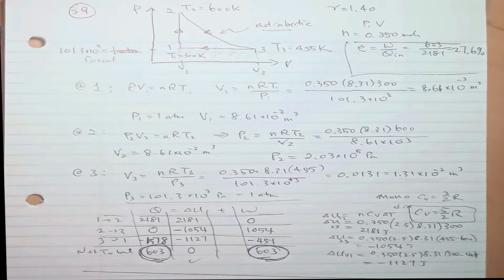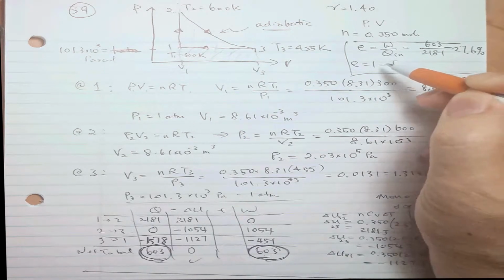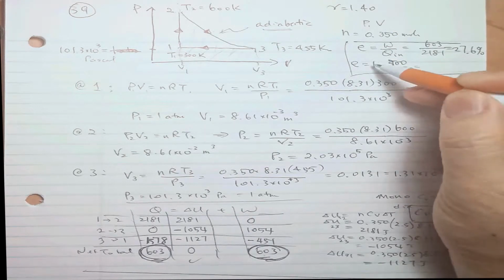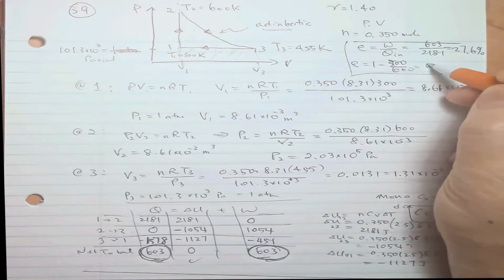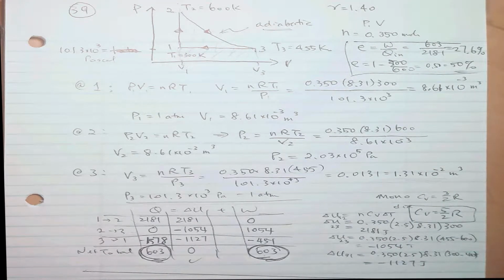So that is the efficiency of the engine. However, if you want to compare that with the efficiency of a Carnot cycle engine operating at the temperatures T1 and T2, that means these two. The efficiency of the Carnot engine is 1 minus the lower temperature, which is 300, over the higher one, which is 600. So that is 1 minus 300 over 600, which is 0.5, or 50%. So that would be the Carnot engine's efficiency.